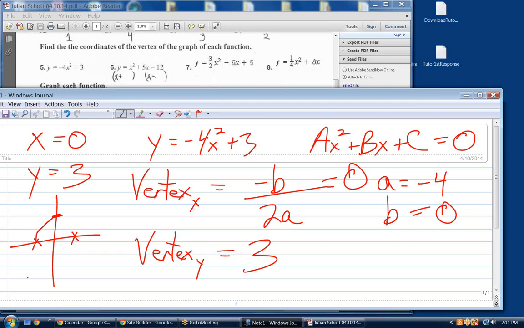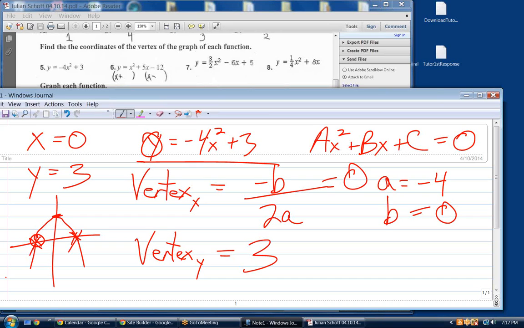I need to know where it goes through the x-axis. And how I would solve that is set that equal to 0, because y is 0 when it goes through the x-axis, and solve that equation. In other words, make that 0 and solve that equation, and that will give you the 2 values of x where it crosses the x-axis. And then you can graph it.